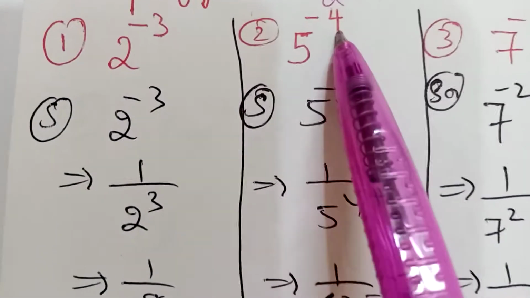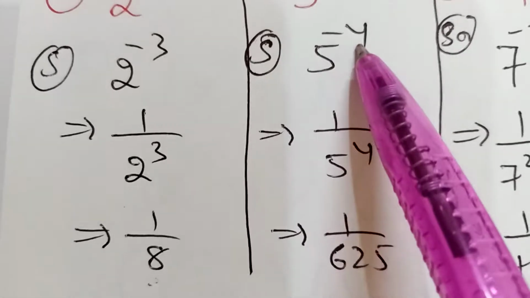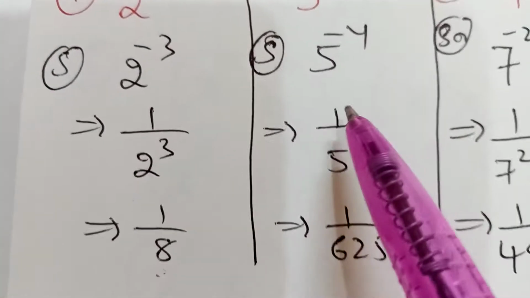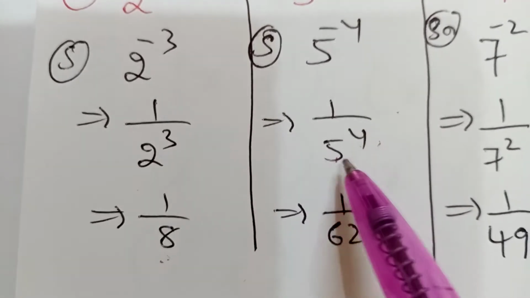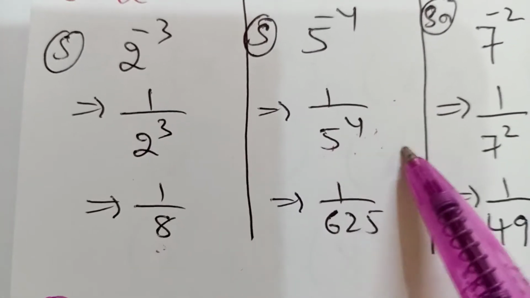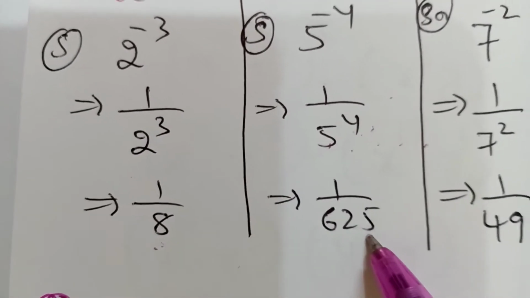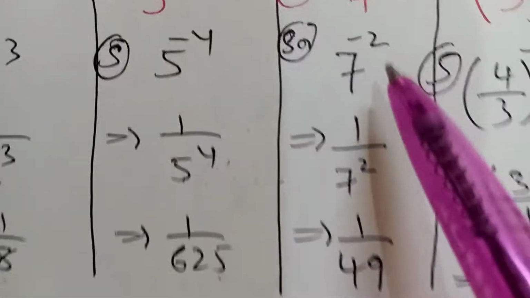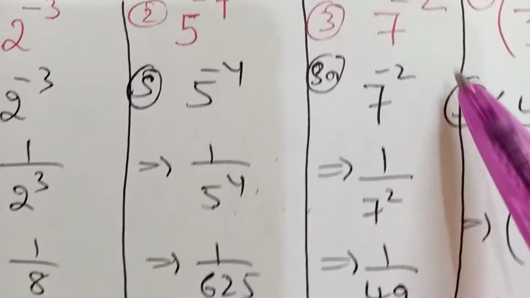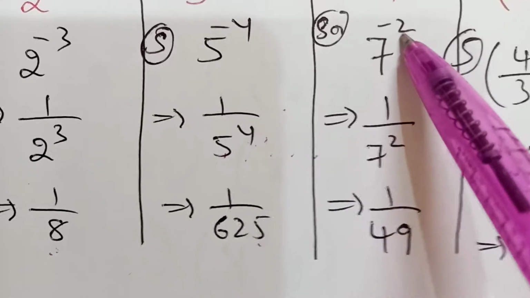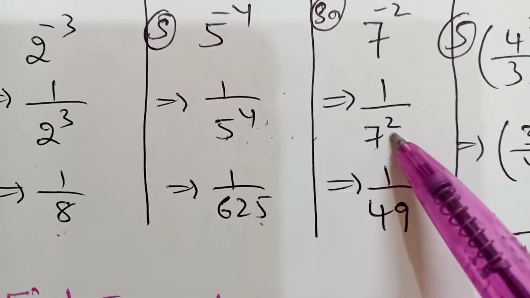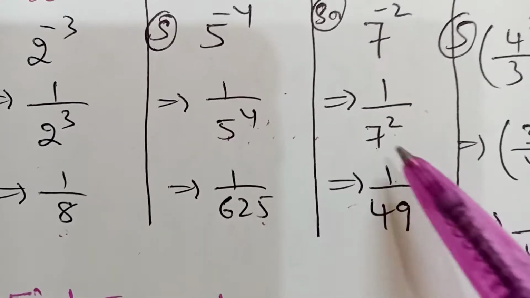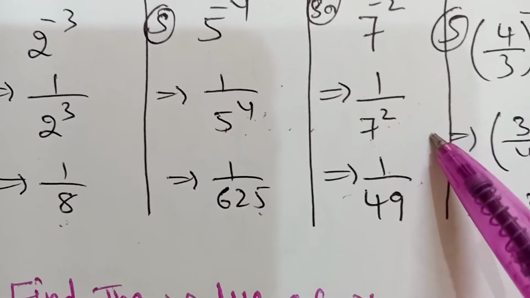Next, 5^(-4) means 1 by 5^4. 5^4 means 5, 5, 5, 5, 625. Next, 7^(-2) means 1 by 7^2, 7 7s are 49.